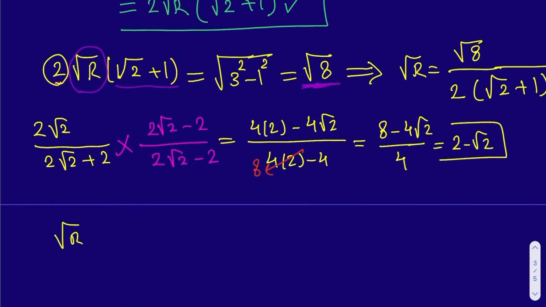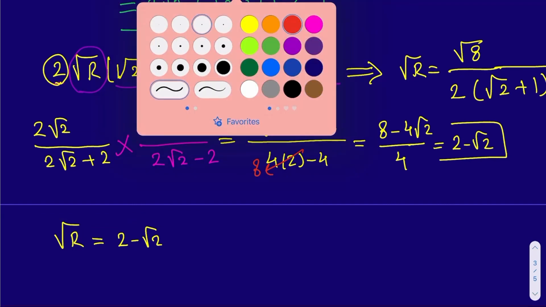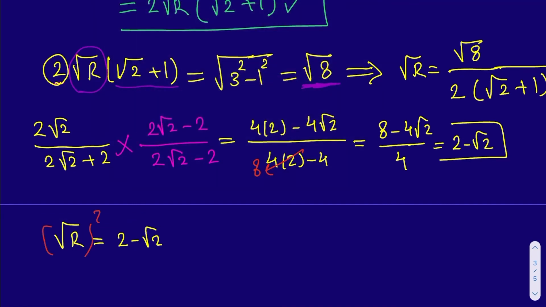So therefore, square root of r is equal to 2 minus square root of 2. But we need to find the value of r. So therefore, we will raise both sides of this equation to the power of 2.